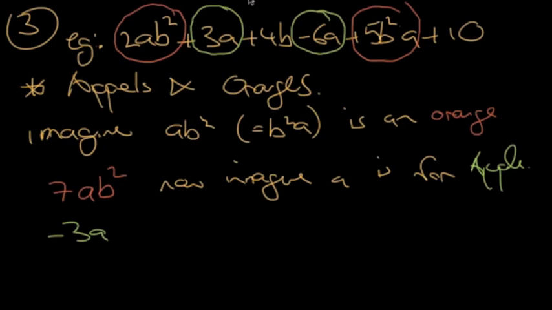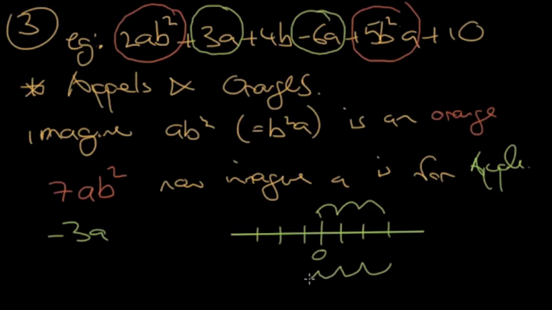And again, we can think about our number line here. We start off at 0, and we went plus 3. But then we have to take away 6. 1, 2, 3, 4, 5, 6. Add some arrows on there. And so we've got -1, -2, -3 is our final result.